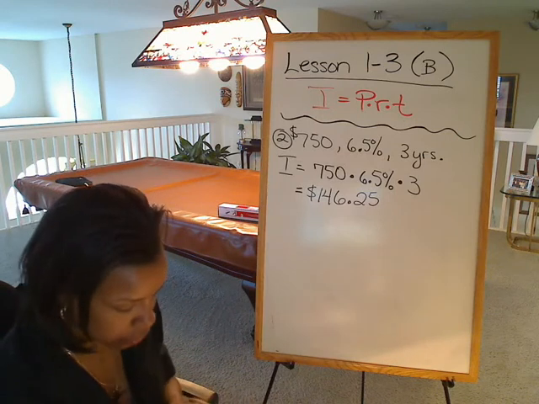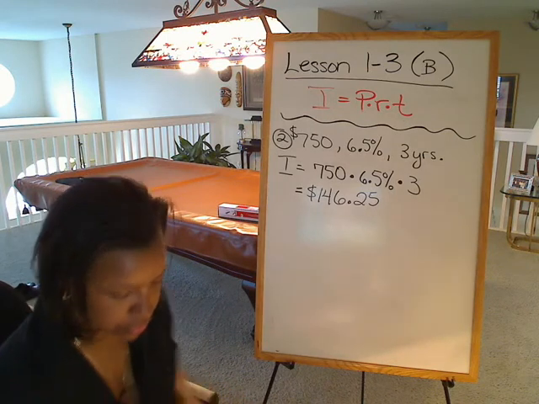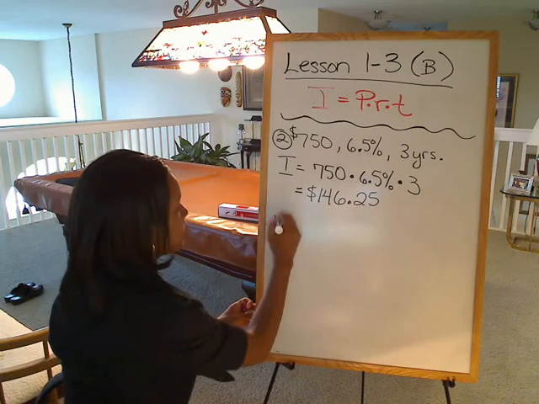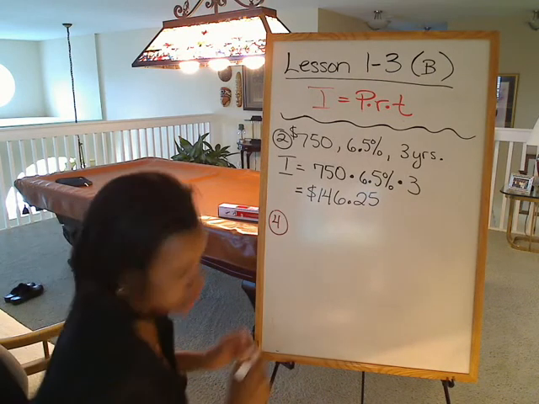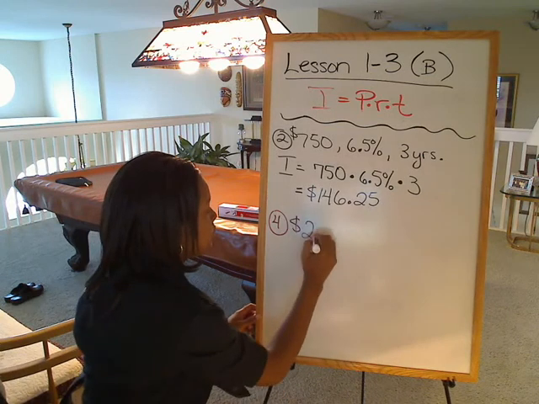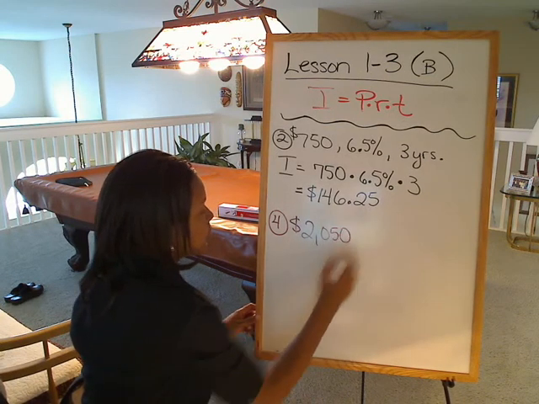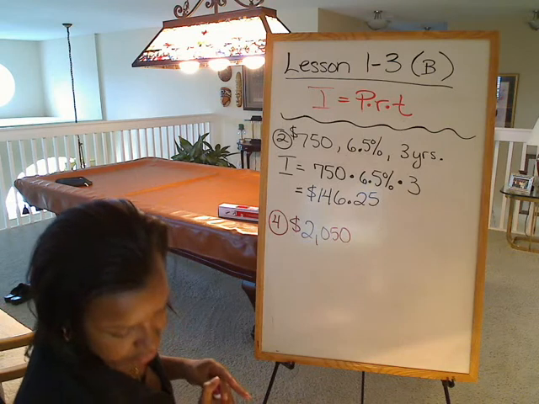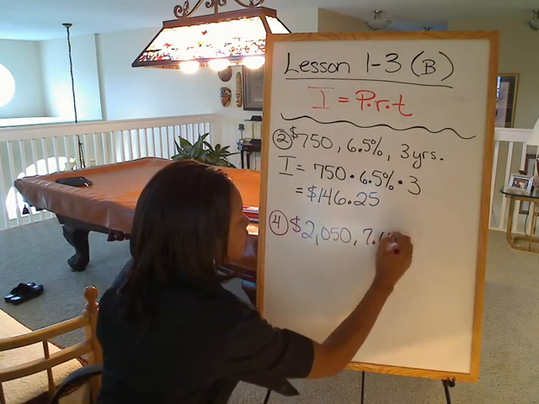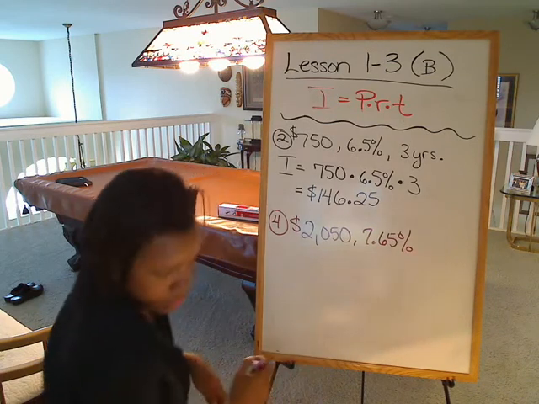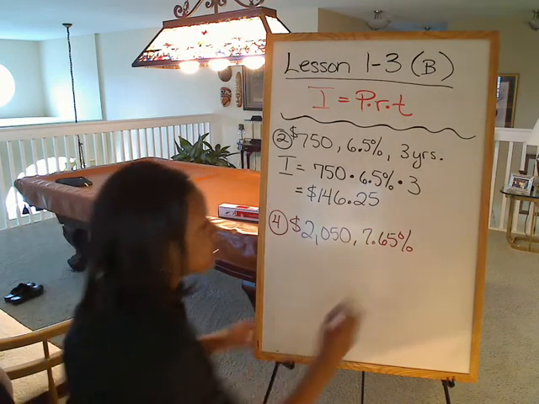Let's try number 4. Number 4 says $2,050 at 7.65% for 36 months.